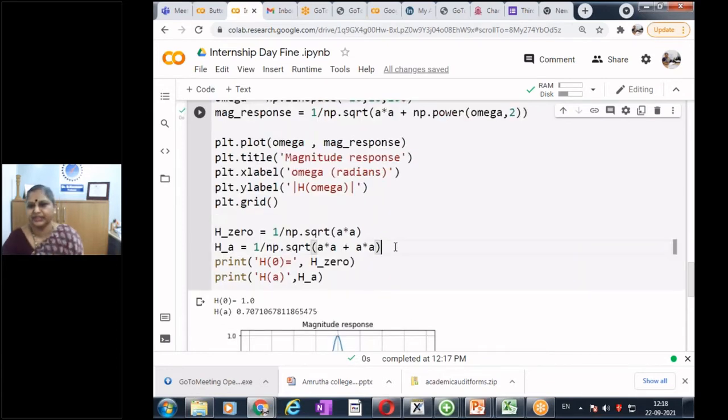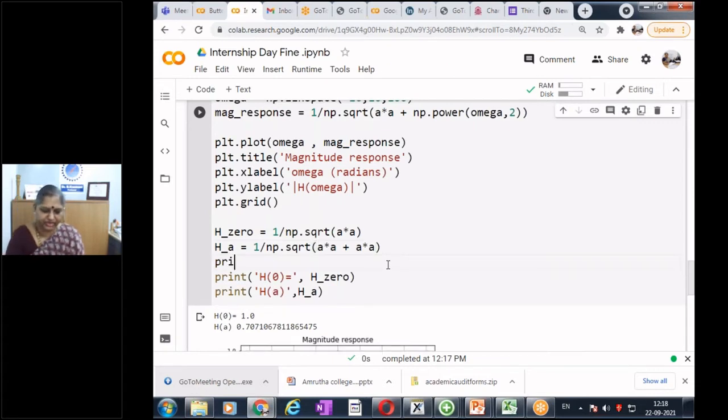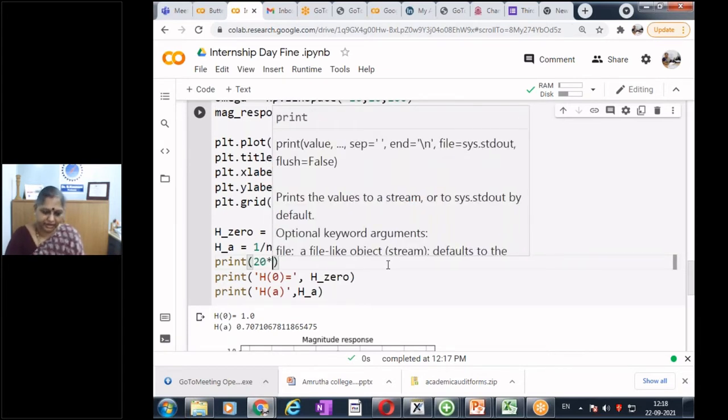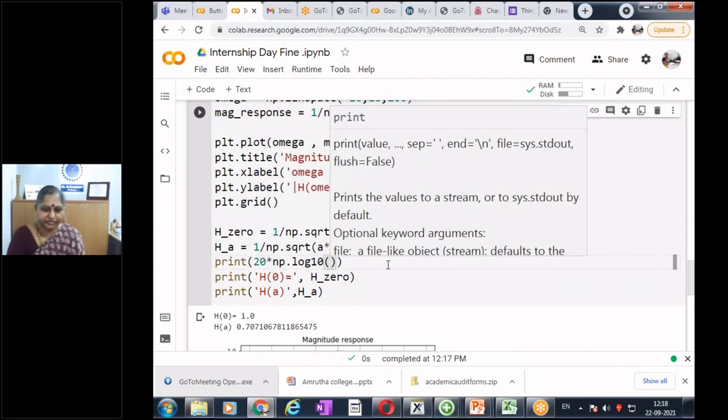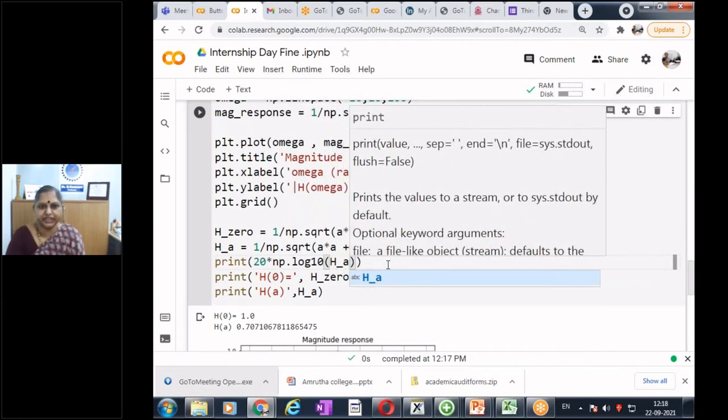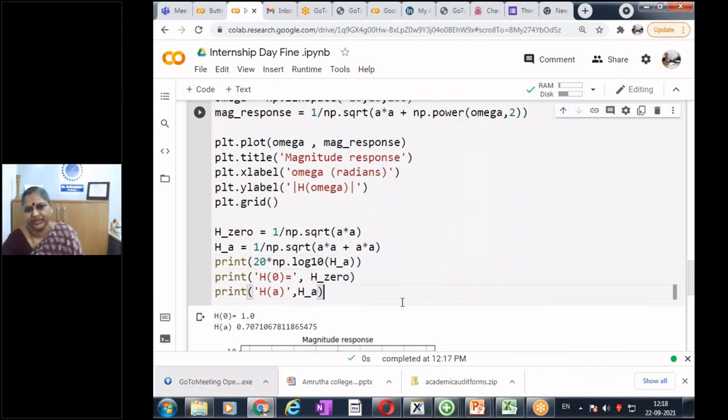Let us print. Yes. So what's your conclusion? Please print one more thing. Let us say print 20 into np.log10 of H of A. What do we get?